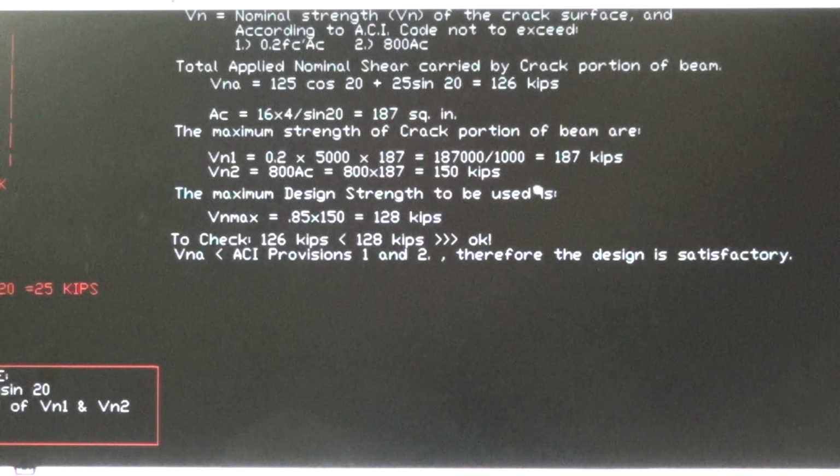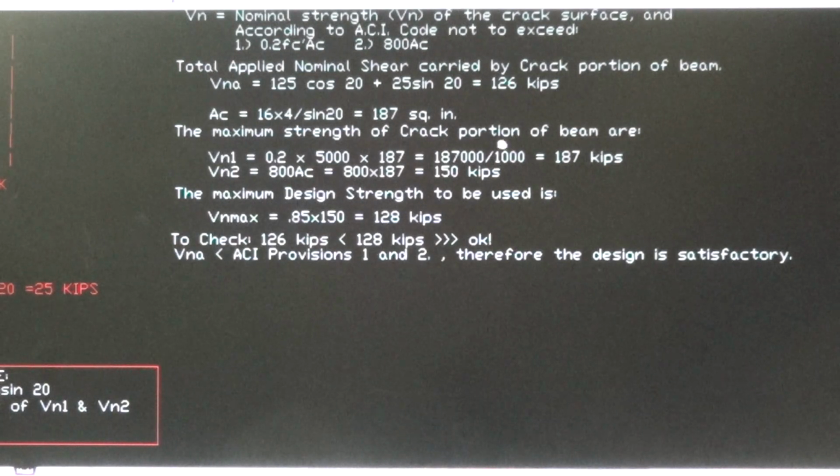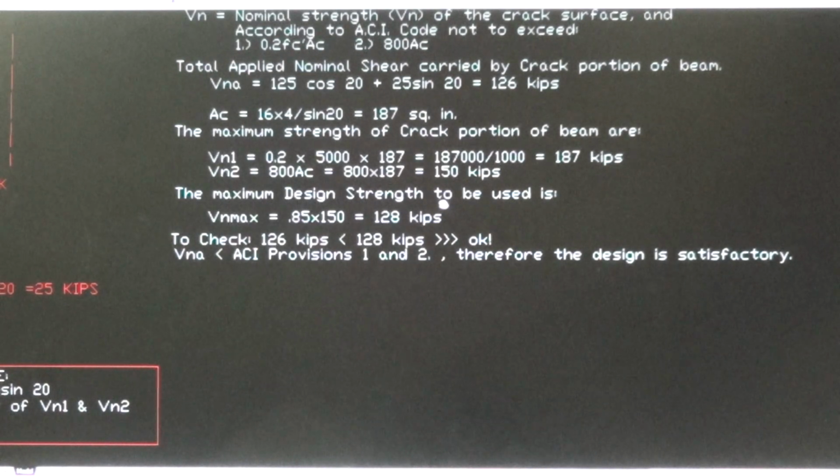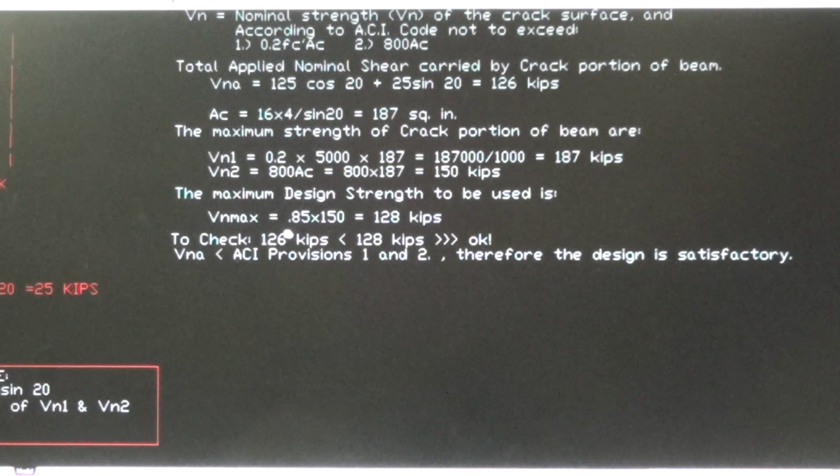So we compare 187 kips and 150 kips. We use the smaller value, which is 150 kips, to get the maximum design strength of the crack portion of the beam. So the maximum nominal shear design strength of the crack portion of the beam is 0.85 times 150, which is equal to 128 kips.